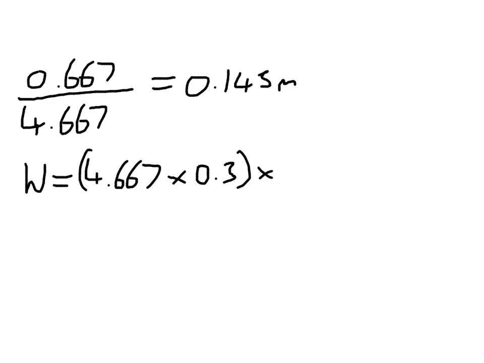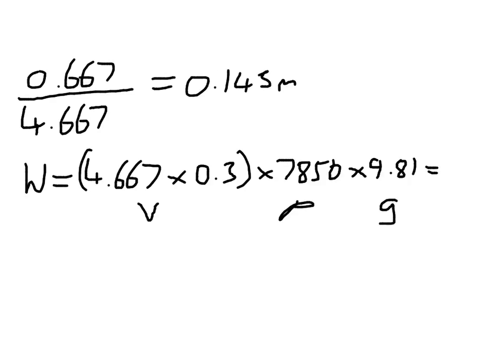Kilograms per metre cubed was 7,850. And that will give us a mass in kilograms. So we now need to times by 9.81 to get a force. So we've got volume, we've got density, we've got gravity. Sometimes your densities will give you a Newton per metre cubed, and you don't need the times 9.81. So our weight is going to be 107.8 kilonewtons.